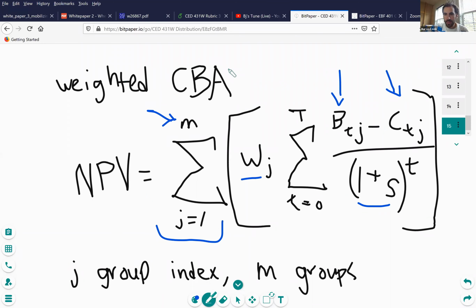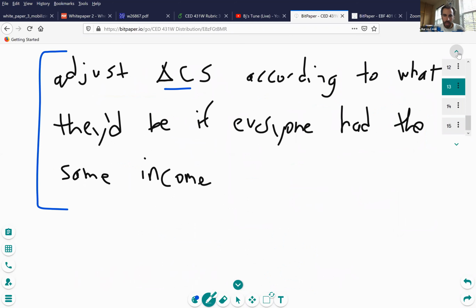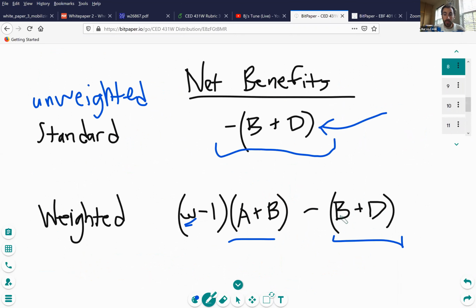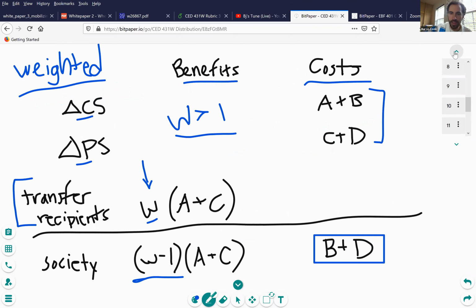Right. So that's the general form of what we were just doing above, where we were taking the benefits and costs to this tax and transfer policy. In this case, we were assigning W equal to 1 for both the producers and consumers.